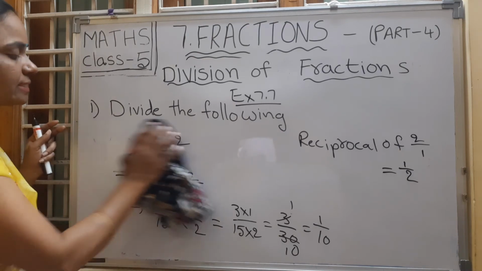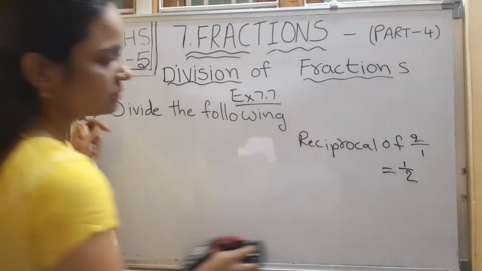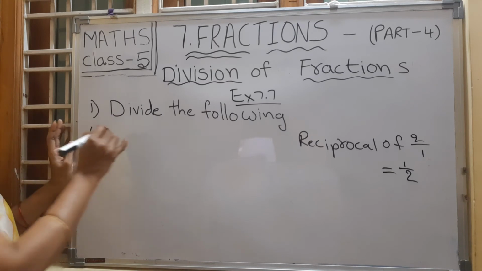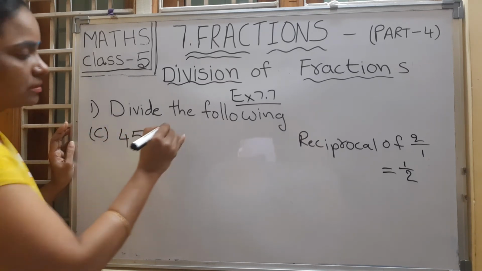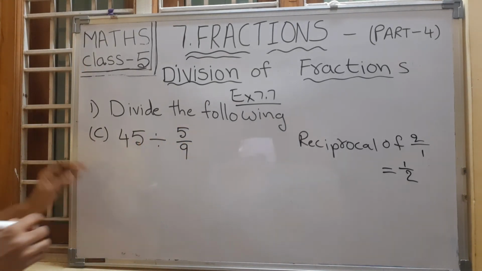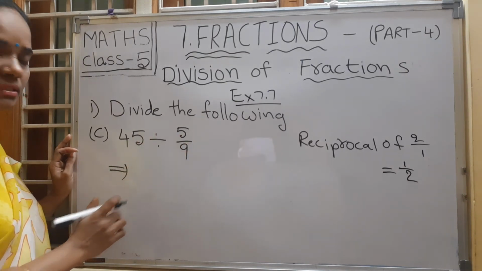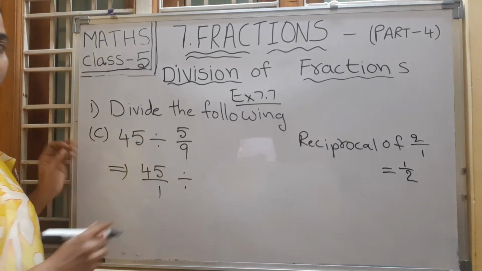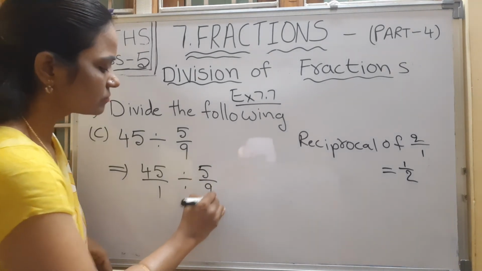Next, C bit I want to take. 45 divided by 5 by 9. So it is a whole number. This is the fraction. So make it as fraction first. 45 by 1 divided by 5 by 9.